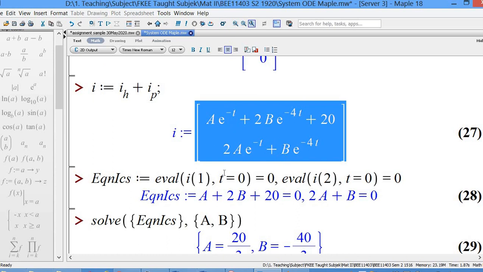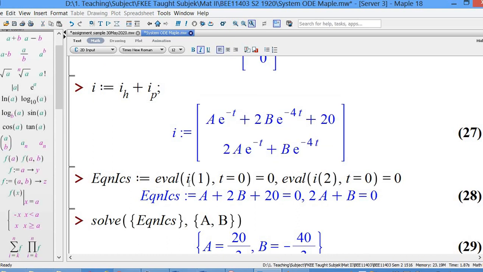So to plug in t equal to 0, I use eval I bracket 1, t equal to 0, equal to 0, and then eval I bracket 2, I bracket 1 in the first row.